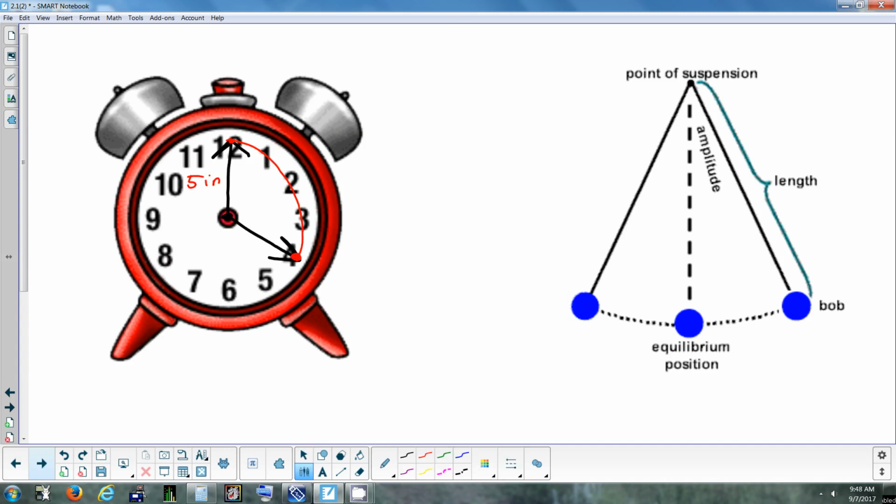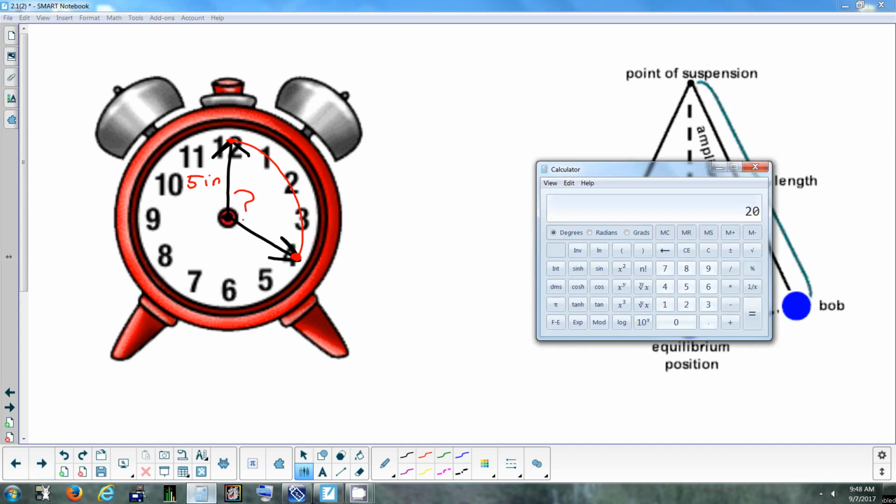The only thing you'd have to figure out if you want to know the length of the arc is how big is the angle from 12 to 4? Any thought on how you could figure that out? And it helps that a clock is evenly spaced. Everything's evenly spaced. Yeah? You take 360 and divide it by 12. Okay, so if I take 360 and divide by 12, I get 30.